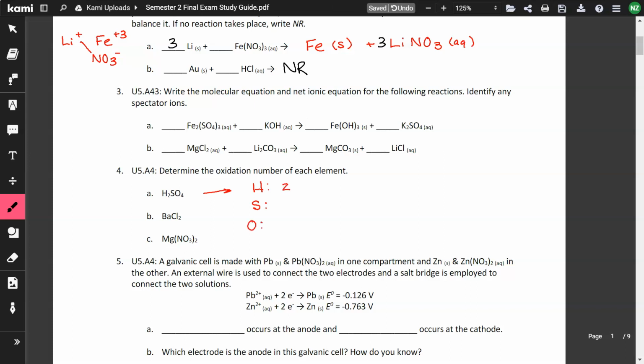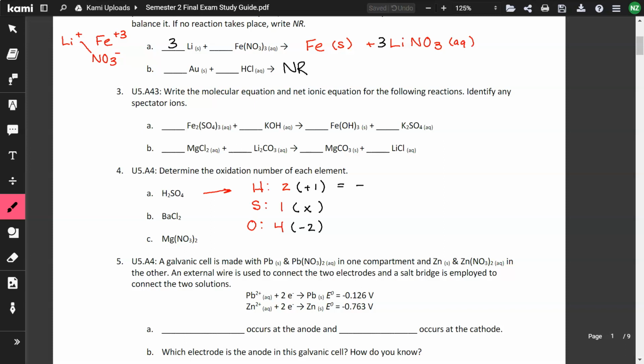We have 2 hydrogens, we have 1 sulfur, and we have 4 oxygens. All right, now oxidation numbers. Hydrogen is going to be +1. Sulfur we don't have a rule for, so we'll just put an X there. And then oxygen's oxidation number is -2.